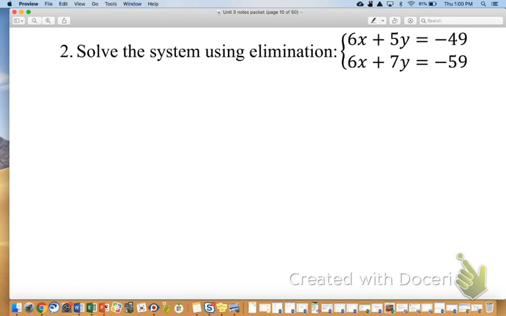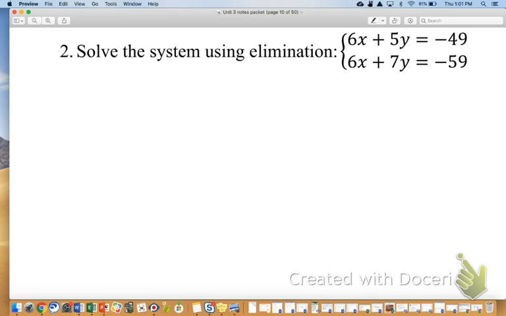Once you get set up for success, look at your x's. Look at your y's. Do you see a pattern of opposite coefficients like you did in number 1? No, we don't. There's no plus 2y, negative 2y. Is there anything in this that's pretty close to being the pattern of opposites?